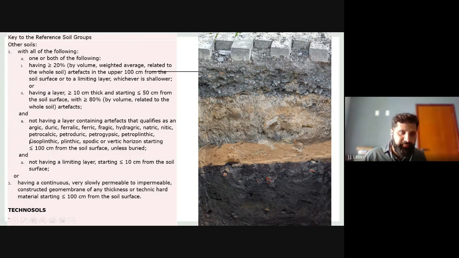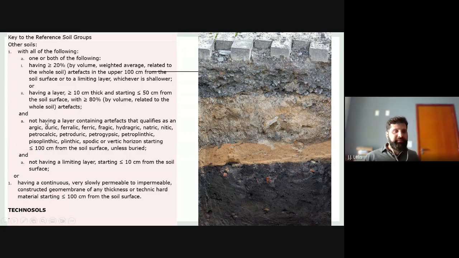None of them starting up to 100 centimeters from the soil surface. Okay, so to identify a technosol, I should not identify any of these horizons. Either of these horizons I can find in a technosol. It's only a huge influence of human activity.